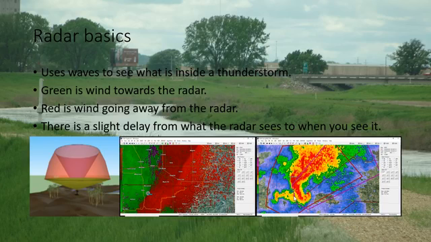Back here, you've got what we call the RFD, rear flank downdraft, which is creating that hook echo. And right there would actually be your rain-free base.